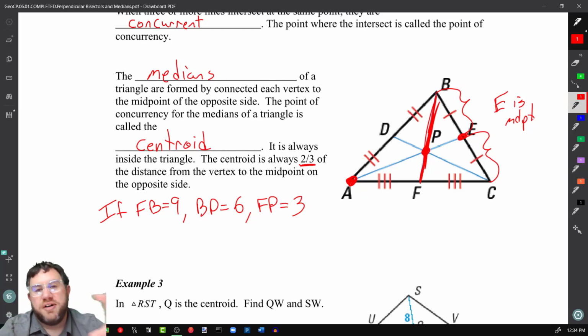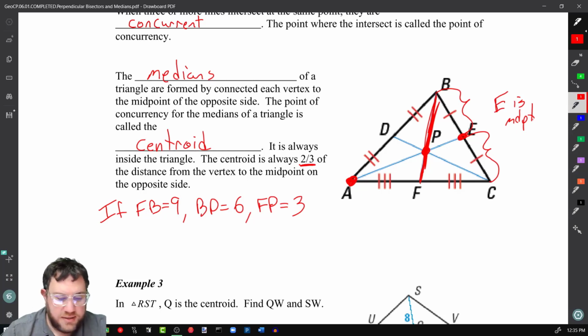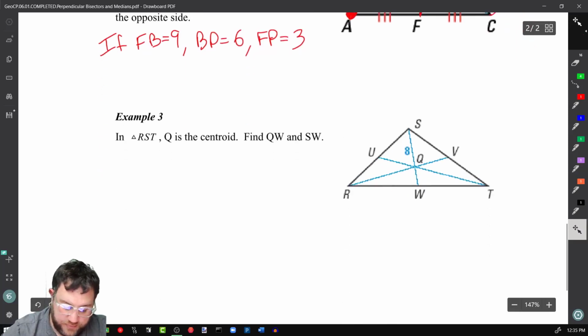So the part of that line on the vertex side, BP, is 2/3 of the whole length. The part of the line on the other side is 1/3 of the whole length. So if you know either the whole thing or either of the small pieces, you can figure out the others, which is actually what we're going to do here in just a moment.